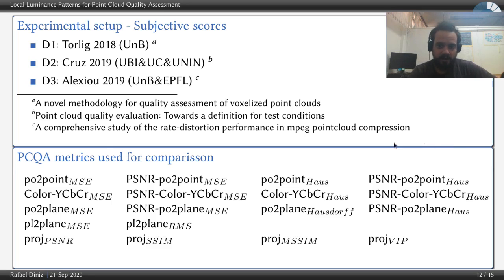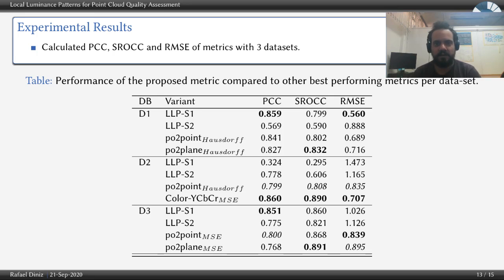We compared our proposal with these classic, already existing point cloud quality assessment metrics, and well, these are the results. We calculated the PCC, SROCC, and RMSE of our metric and the others that I mentioned.